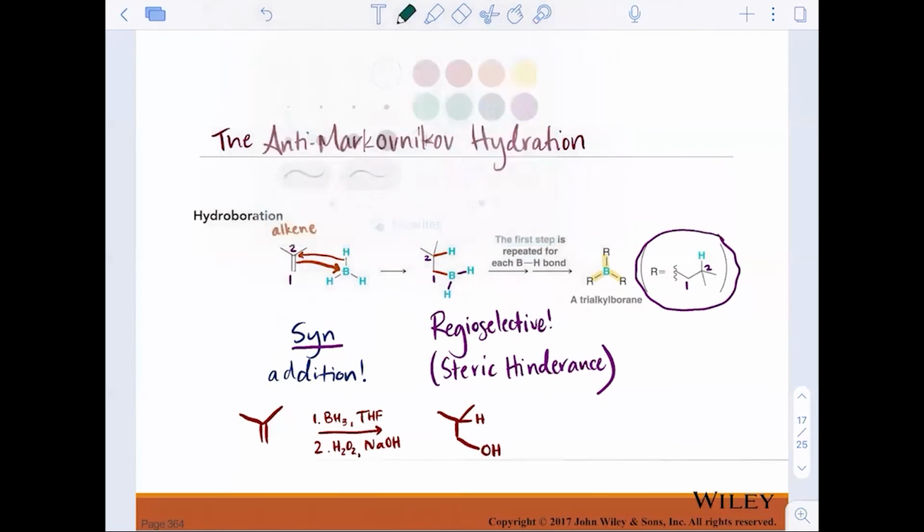However, it's anti-Markovnikov. The H and the OH are going to be added to the positions just like BH2 and H were added in this first step.